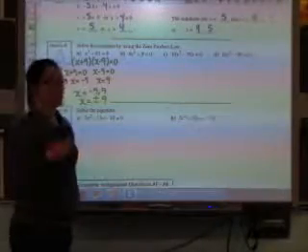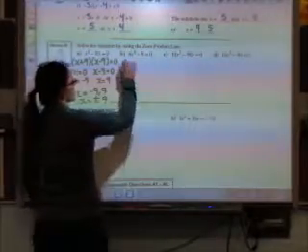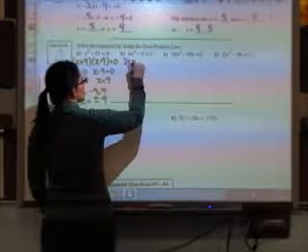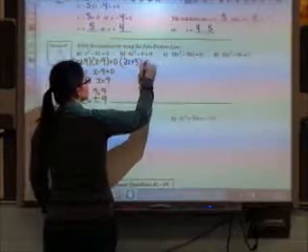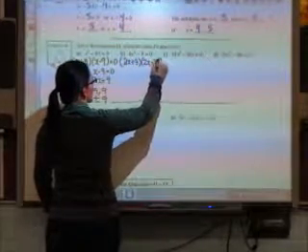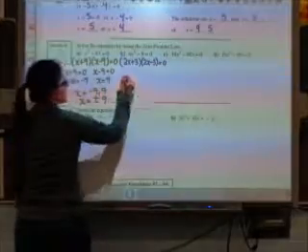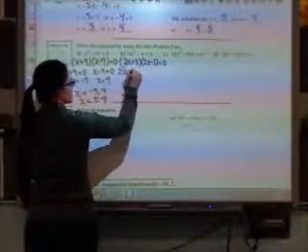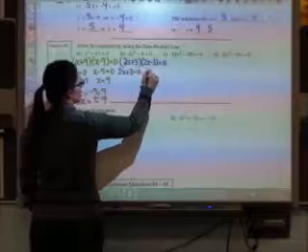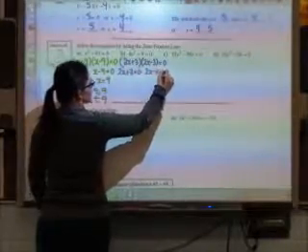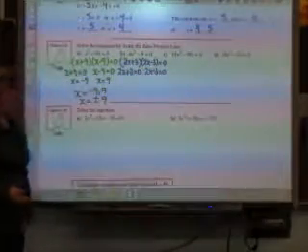So B, again, is another difference of squares. 2x plus 3 and 2x minus 3. So if 2x plus 3 equals 0 and 2x minus 3 equals 0, the whole thing would equal 0.